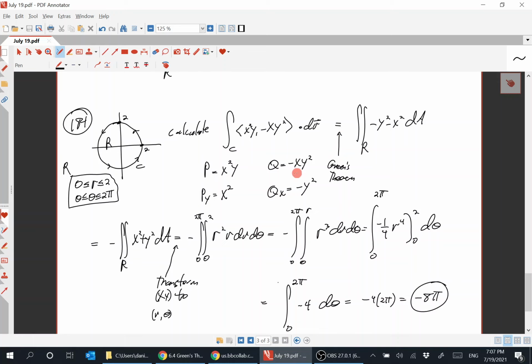This is equal to partial derivative Q_x minus partial derivative P_y, which turns out to be minus y squared minus x squared dA, over the region R, which is the interior of the circle. So now, how do we want to calculate that? Probably the best way to calculate something over a disk is to use polar coordinates. So we transform to polar coordinates and calculate as usual.